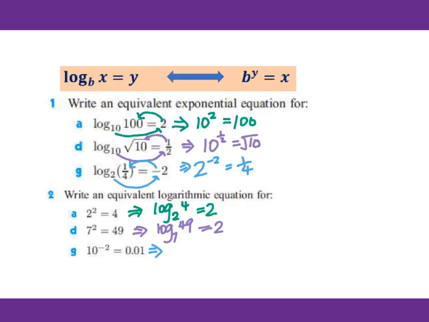For g, log base 10 of 0.01 equals -2. Since it is log base 10, that's a common log, so I can write down common log of 0.01 equals -2.